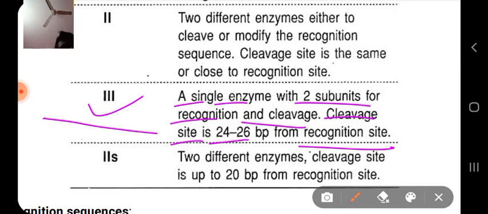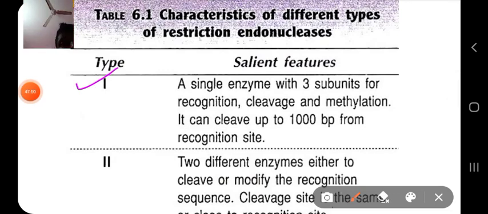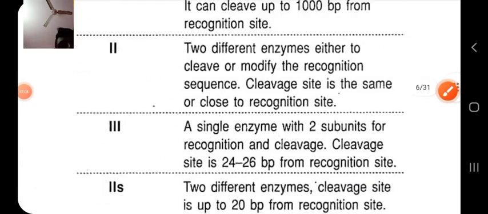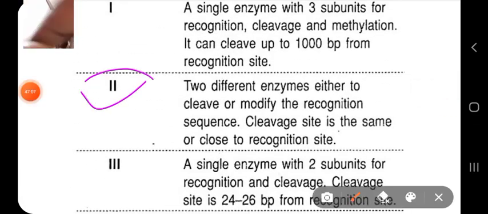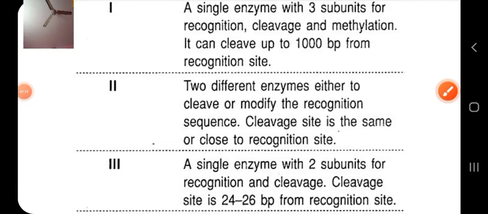That means after recognizing the sequence, it cleaves 24 to 26 base pair away from the restriction site. So this can be used, it is more acceptable compared to the type 1 restriction enzyme, which can cleave 1000 base pair away, right? So type 2 is more preferentially used because they cleave at the same site or close to that site, 1 or 2 base pair away.